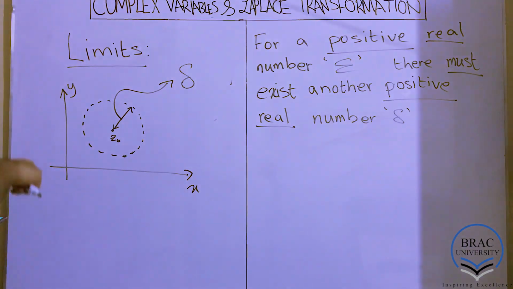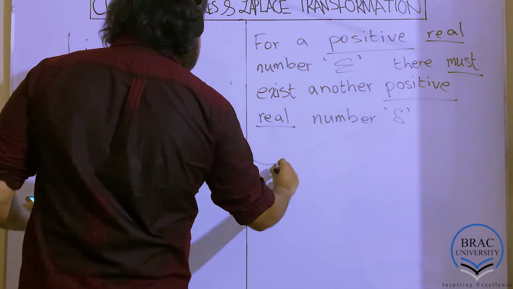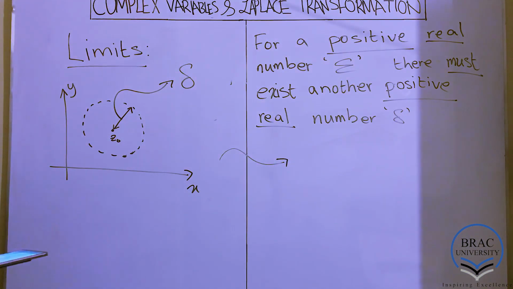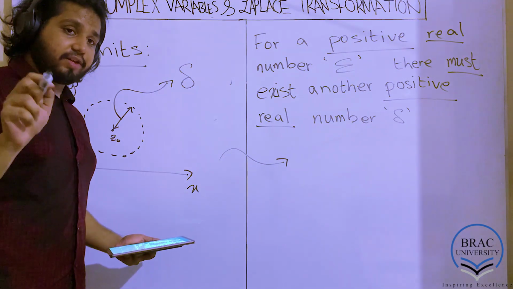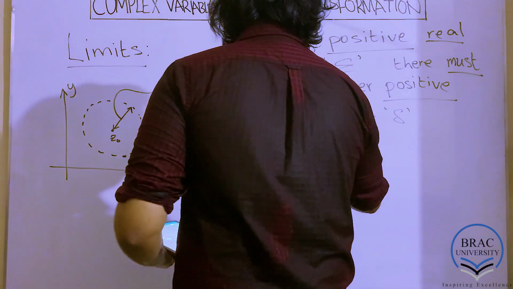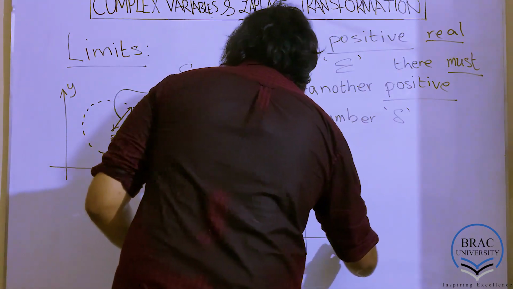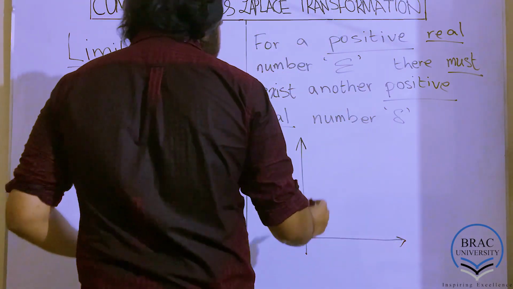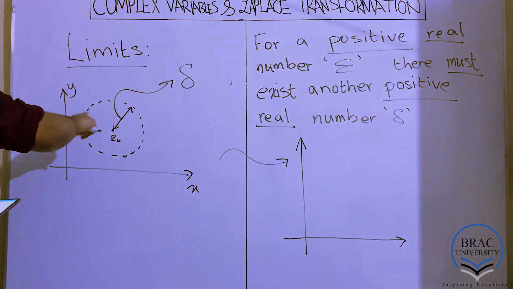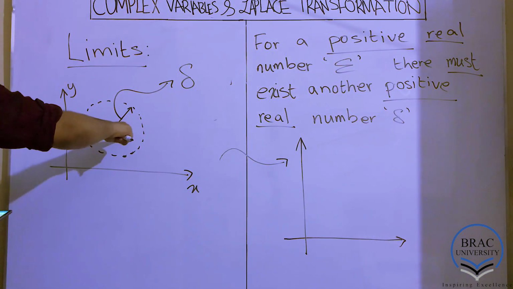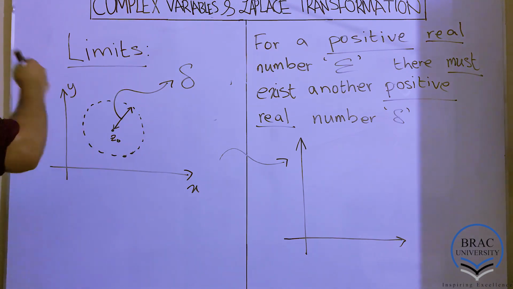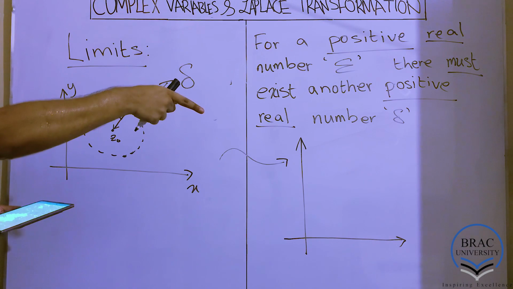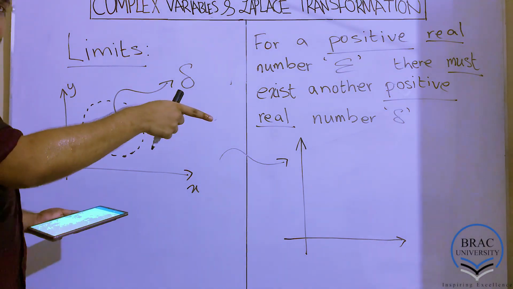Now for this delta to exist, we must have a positive real number epsilon. Here, this is Z, the Z plane. Z is mapped to W, as we've seen in the definition of complex variables.